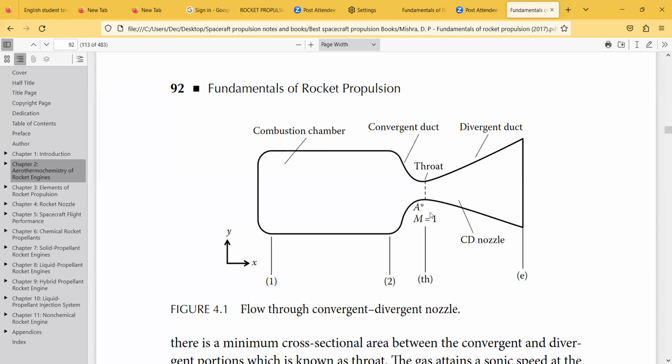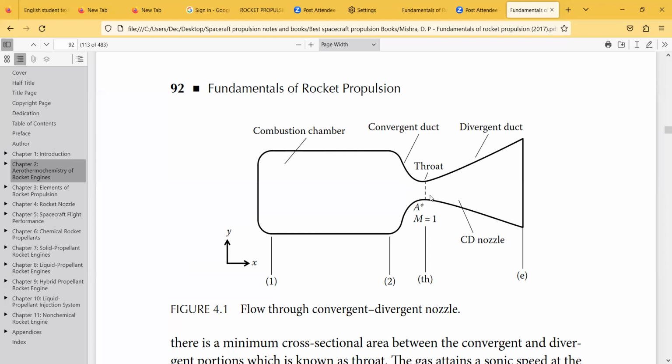Mach 1 means the sound speed at that particular position is equal to the speed of the particle that is coming through the convergent duct of the nozzle. And then once it passes this point, high acceleration, high velocity will take place. Pressure is less, velocity is high here. Okay, here pressure is high, velocity is low.